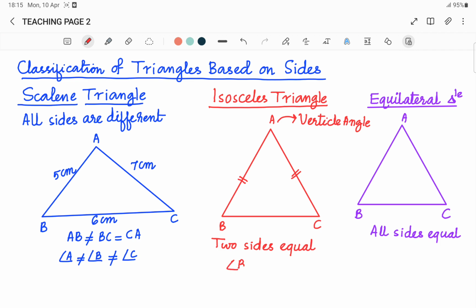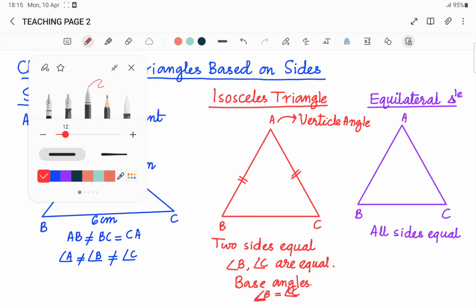Angle B and angle C are equal and we call them base angles. Okay, so we can write angle B equals angle C.